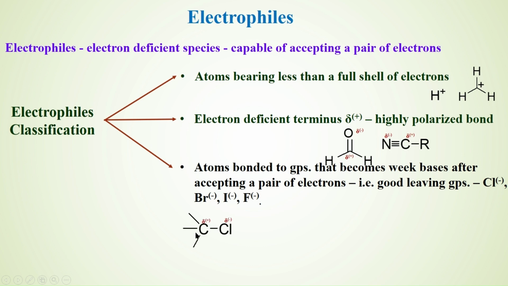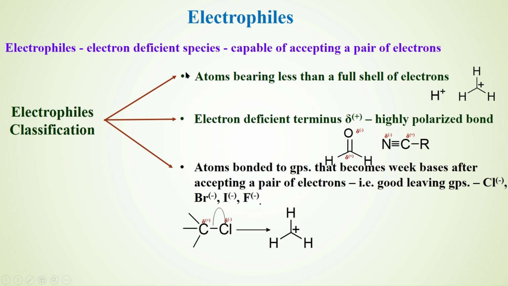In CH3Cl, the chlorine is electronegative, so it pulls the electrons towards itself, making it electron rich, and that's why carbon becomes electron deficient, which is represented by delta plus. It can dissociate by taking the lone pair of electrons, making the carbon electron deficient, and an electrophile is there.